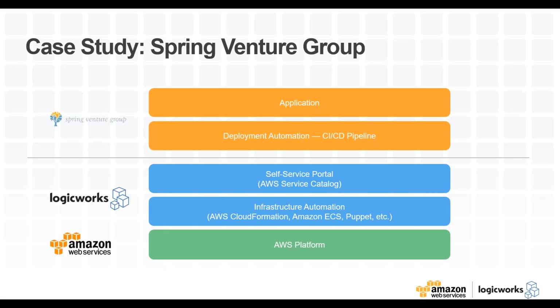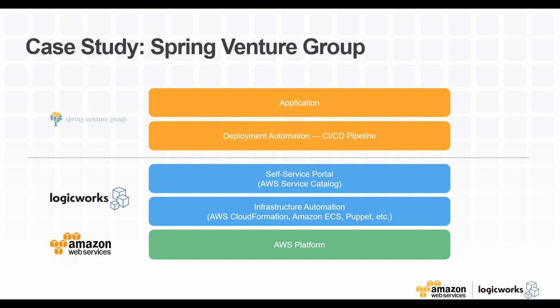So if we look at this layer from a partnership perspective between Spring Venture Group, Logicworks, and Amazon, this may look a bit complex. The Spring Venture Group is a great case study because they've really achieved this DevOps on AWS from infrastructure all the way through to their application. SVG is an innovative health insurance sales company that approached Logicworks last year with the desire to migrate to AWS.